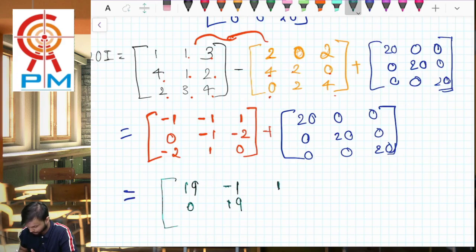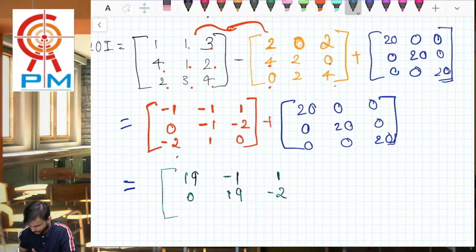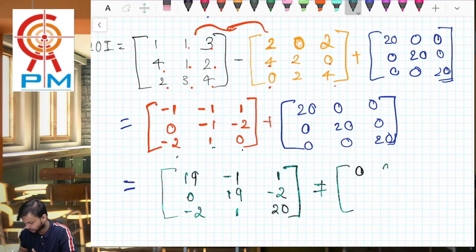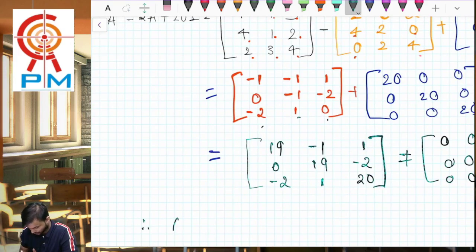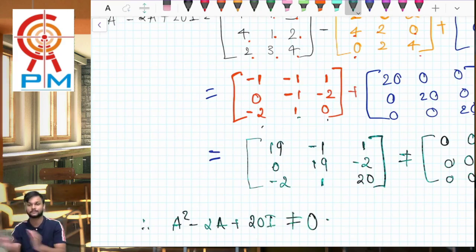Minus 2 plus 0, minus 2. Minus 2 plus 0, minus 2. 1 plus 0, 1. 0 plus 20, 20. So this is not equal to the zero matrix, and therefore A square minus 2A plus 20I is not equal to 0.